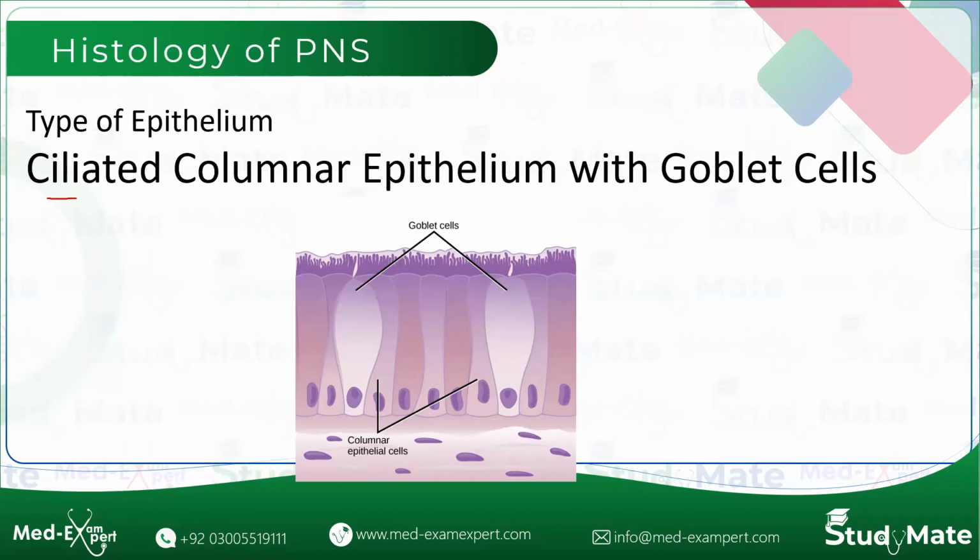So we have the ciliated columnar epithelium with goblet cells.